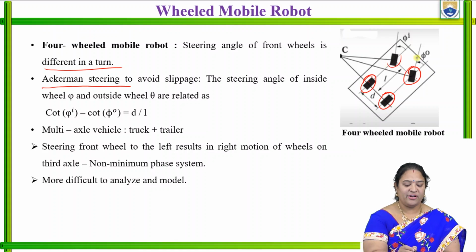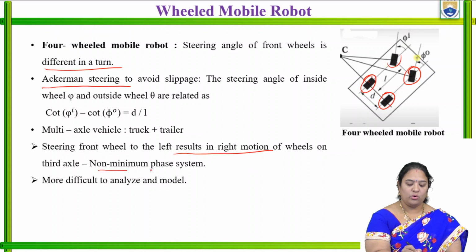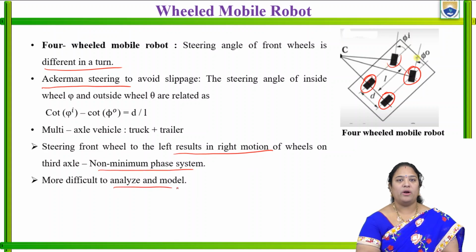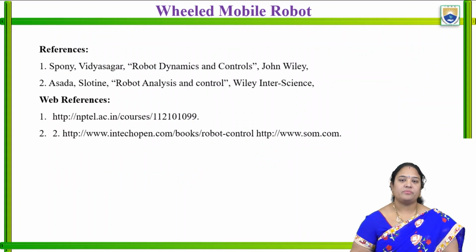That is, steering the front wheel to the left results in right motion of the wheel, so it is a non-minimum phase system. That is, it has more analysis and modeling taking place. And this particular type of mobile robo we call an Ackermann steering type of mobile robo. Clear? So these are the references which we have gone through.